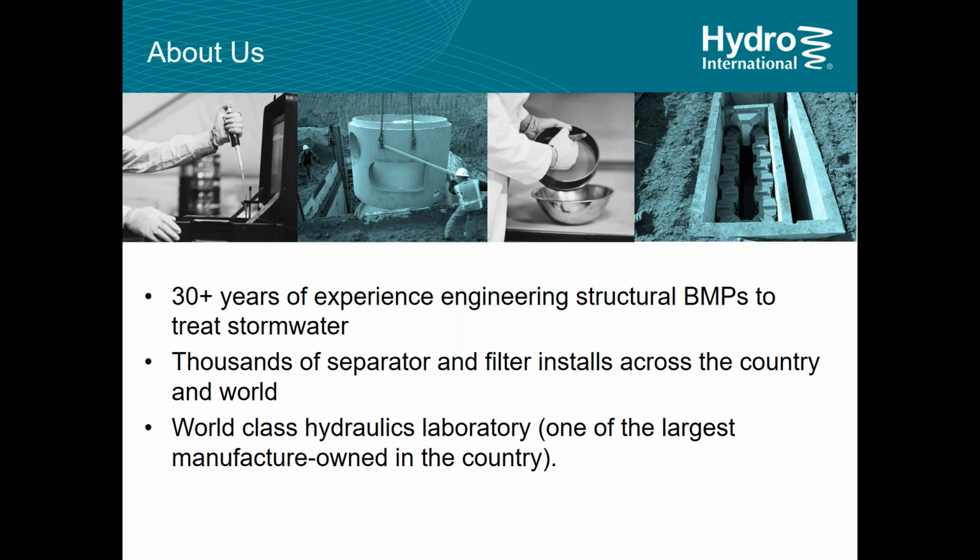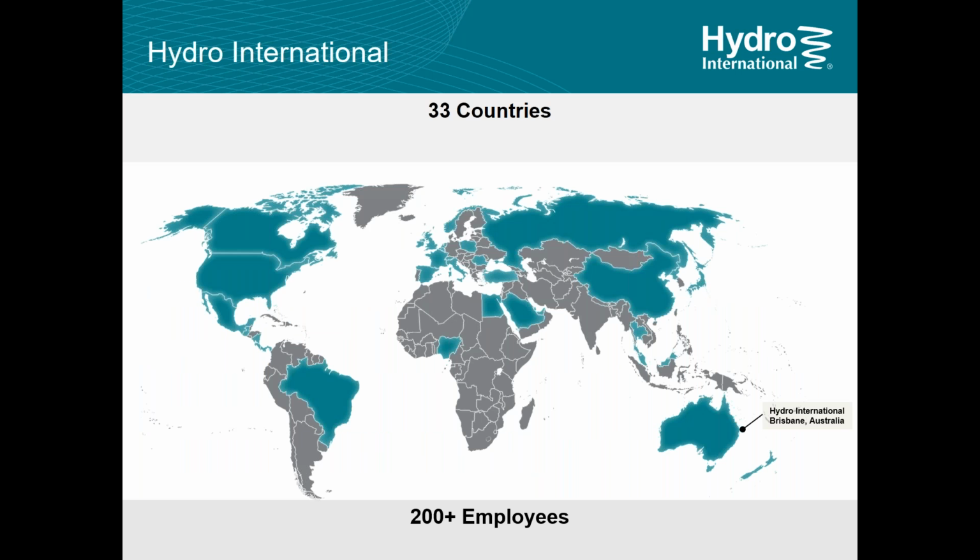So a little bit about Hydro International. Hydro is a smaller company, but we've been around a long time. 30+ years experience in structural BMPs and also wastewater treatment. We have installed thousands of separators and filters around the world. We have a world-class lab within the company, so we can do a lot of testing and development within our own company, which allows us to rapidly develop and produce new products.